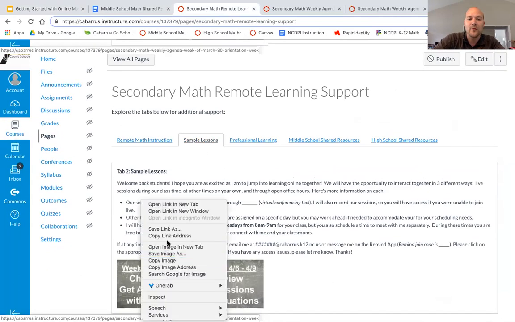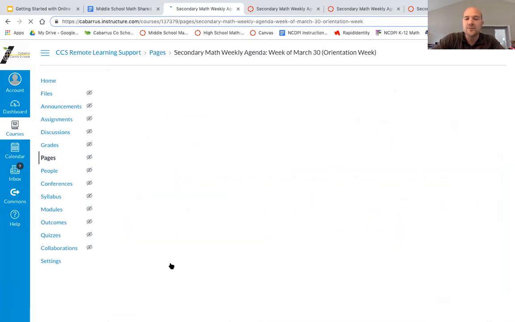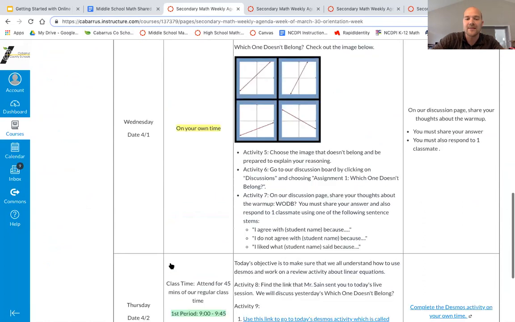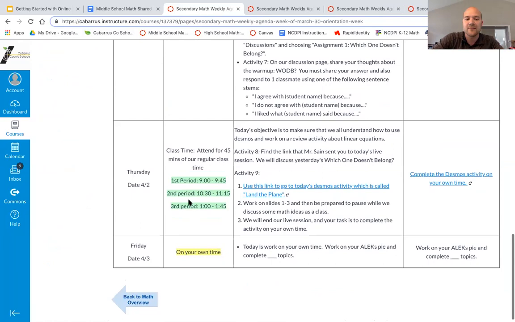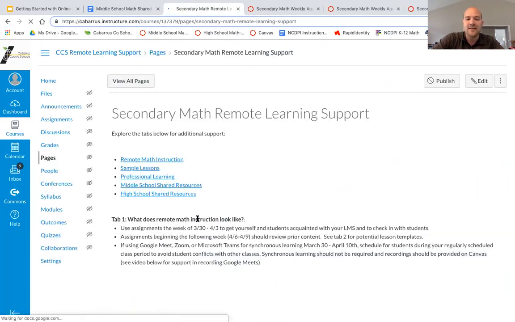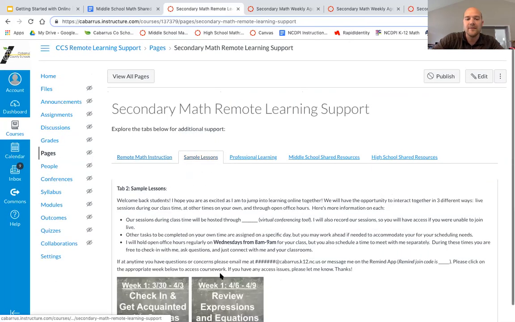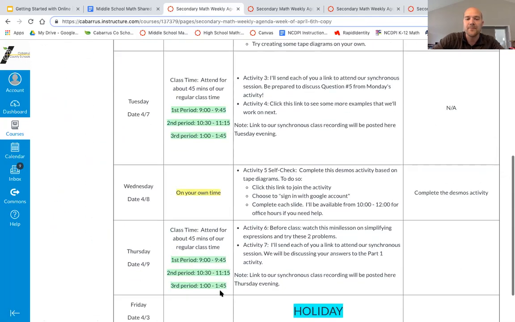So if you click on week 1 or on week 2, week 1 again primarily focuses on the social emotional support and learning how to use learning management systems, how to submit a task or how to submit an answer, how to navigate through Canvas. And then the second week of activity shows a sample lesson plan for where I'm actually teaching some mini lessons and having students work on more rich math activities.